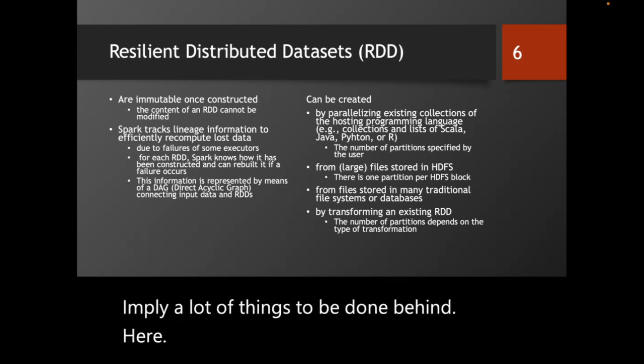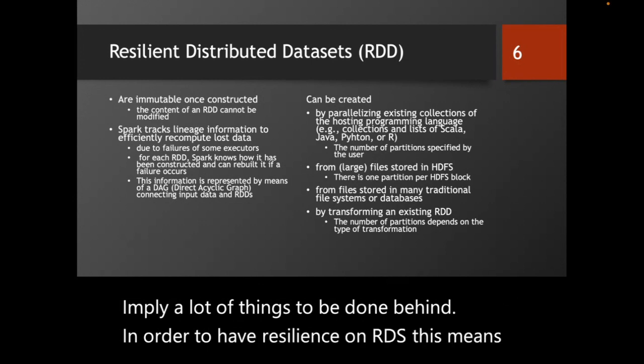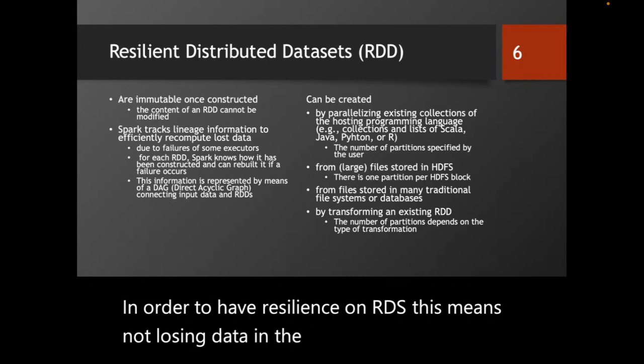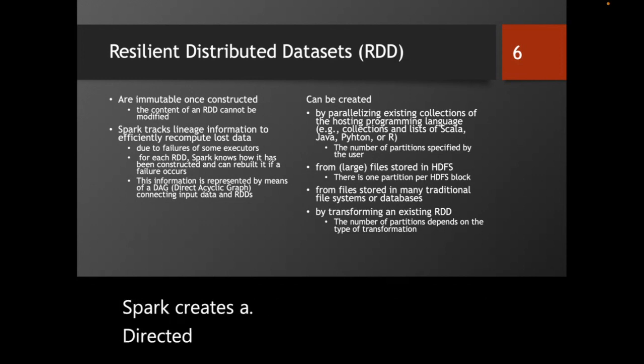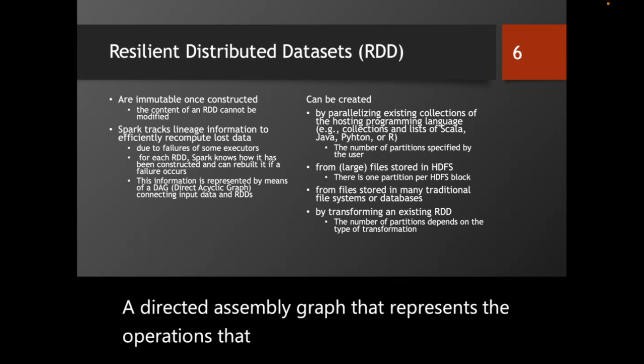Well, here, in order to have resilience on RDDs, this means not losing data in the presence of node faults, Spark creates a directed acyclic graph that represents the operations that have been performed within a program.